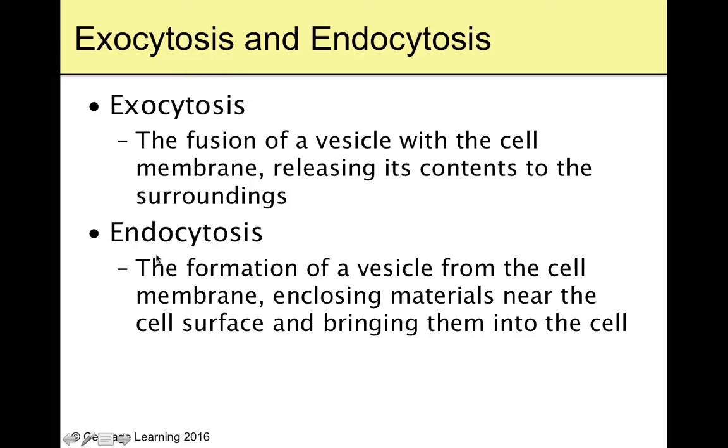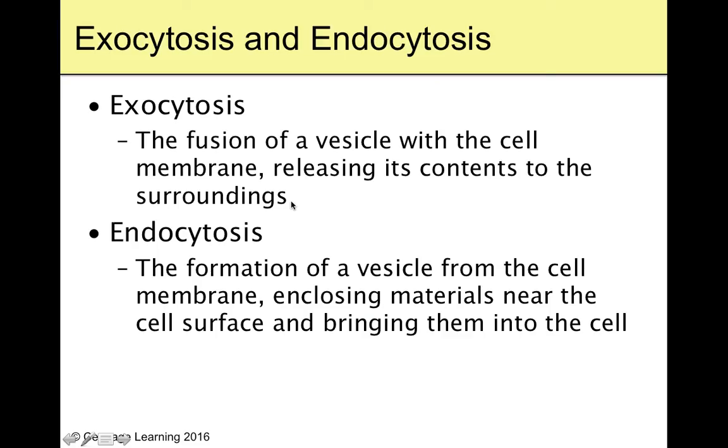There's exo and endo. Exocytosis means to exit the cell. Cyto, cell. Exos, exit. To leave the cell. So we're going to take something we don't want in our cell. We're going to walk it over to the perimeter with the vesicle, and we're going to fuse that vesicle with our cell membrane, and we're going to kind of spill the contents out into the extracellular matrix.